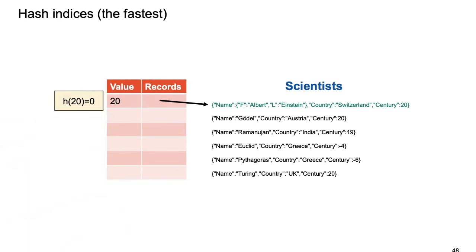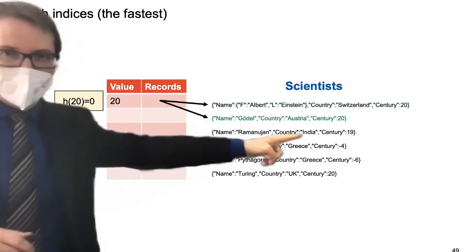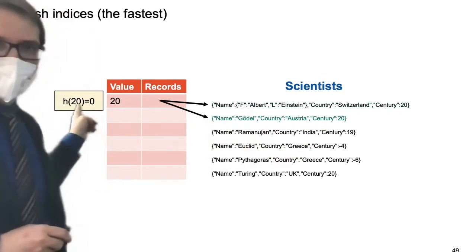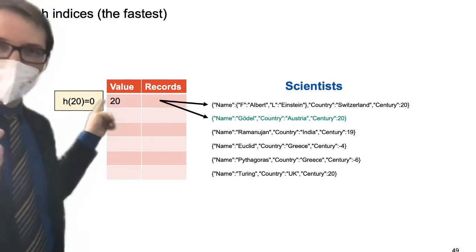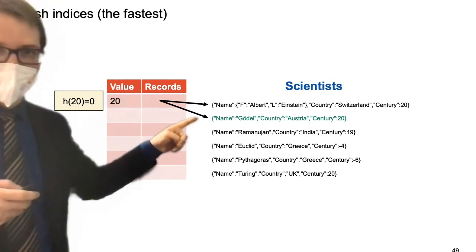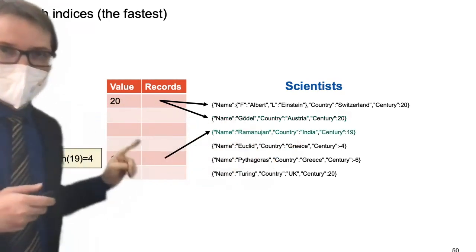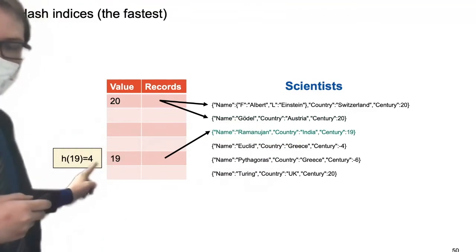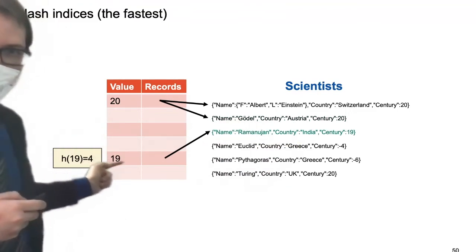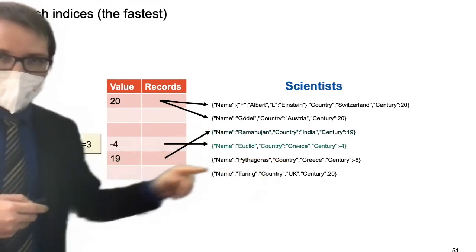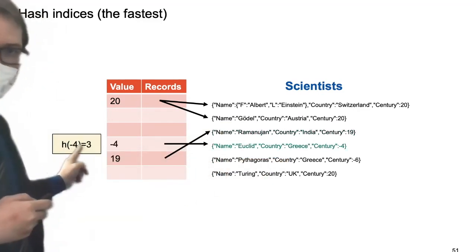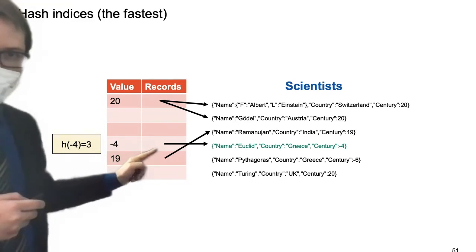So then I take the next one, 20. Of course, this function is deterministic, so it's always going to return the same position for the same input. Then 19, here it returns 4, okay, then position 4. And then I have the pointer. Then I have -4. H of -4 is 3, so I put it there.